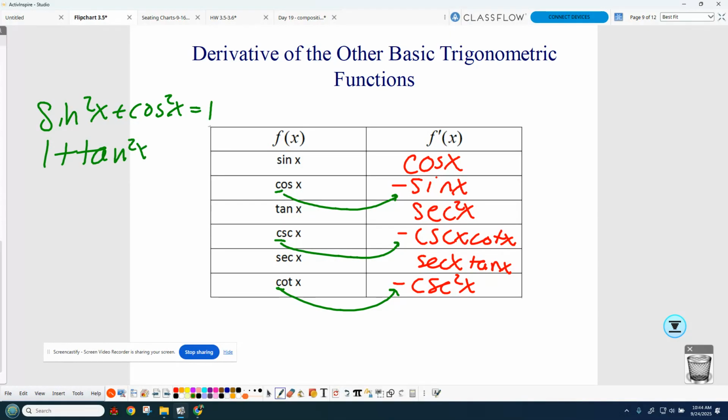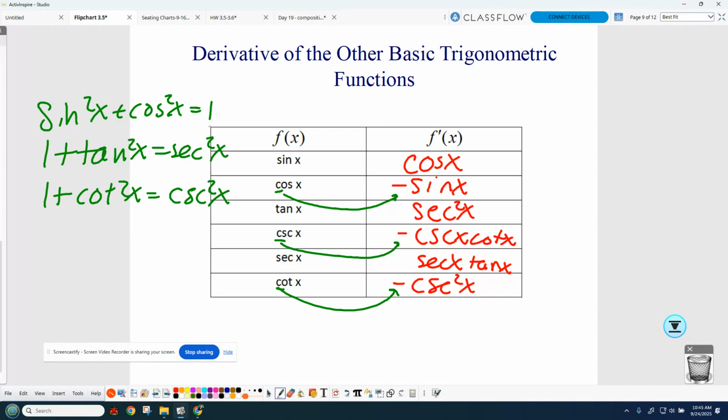Tangent wants a friend. Which friend? It's going to take the one in its Pythagorean identity. Derivative of tangent is secant squared. Derivative of cotangent begins with C, so it's negative cosecant squared. Secant and cosecant are just the losers of the bunch.